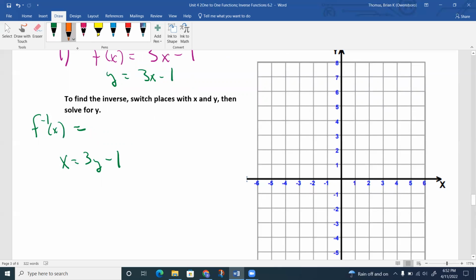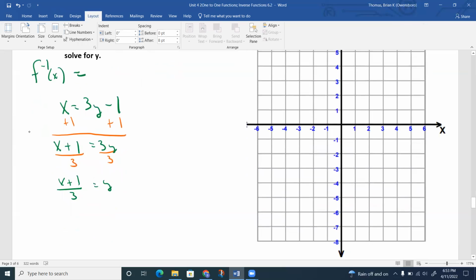We have to get rid of the minus 1, so we add 1 to each side of the equation. x plus 1 are not like terms, so they just come down as two pieces, equals 3y. And then to get rid of the 3, we divide both sides by 3. So we end up with x plus 1 over 3 equals y.